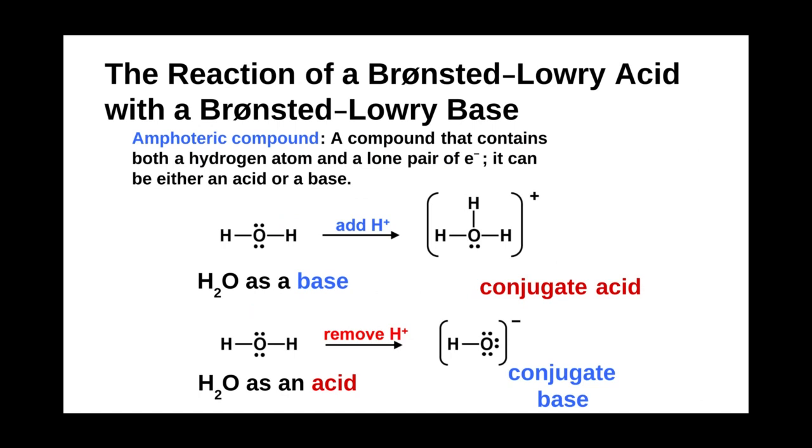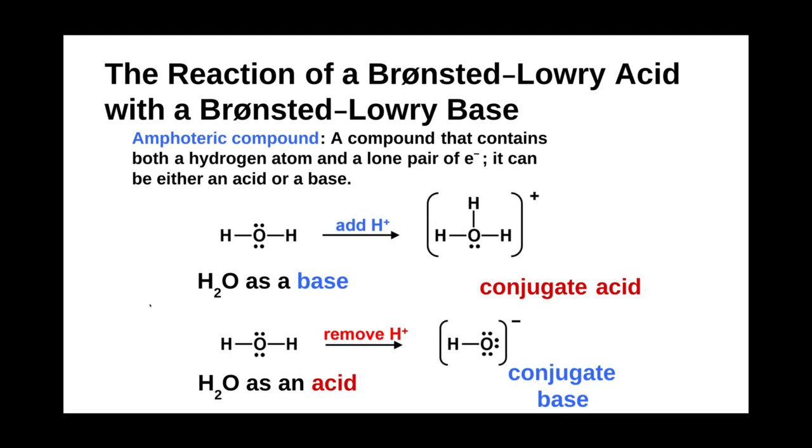So what does this look like? When we have water, we start as just garden variety water. Now, if we add a proton to water, it becomes the conjugate acid, the hydronium ion, H3O+. So water is a base because it's accepting that single proton.